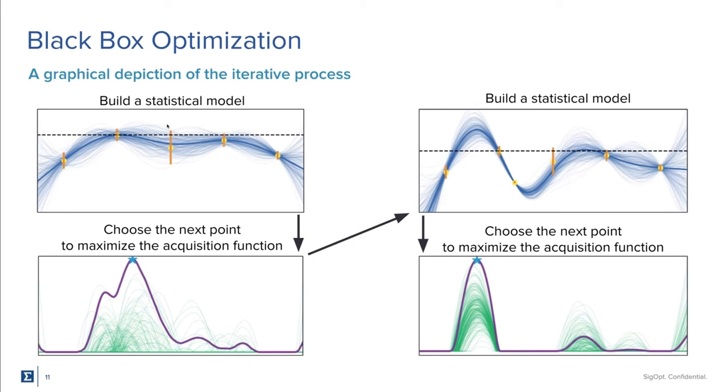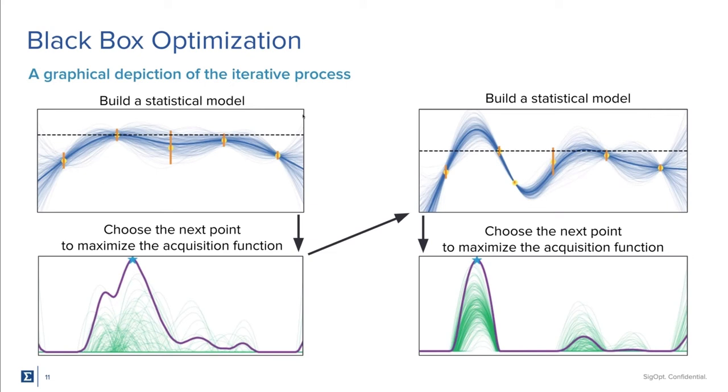And in the academic literature, this is often called things like sequential model-based optimization, adaptive design of experiments, intelligent global optimization or search. And the way that it works is relatively straightforward at a high level. First, we take the information of what we've sampled so far, and we build a statistical model for it.